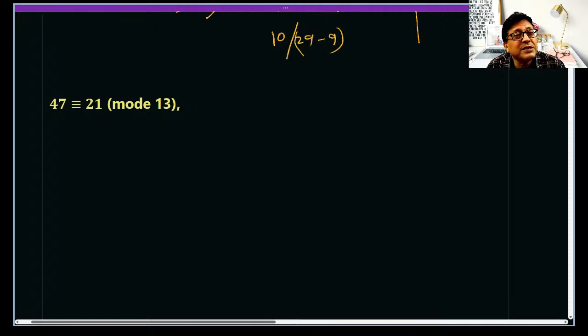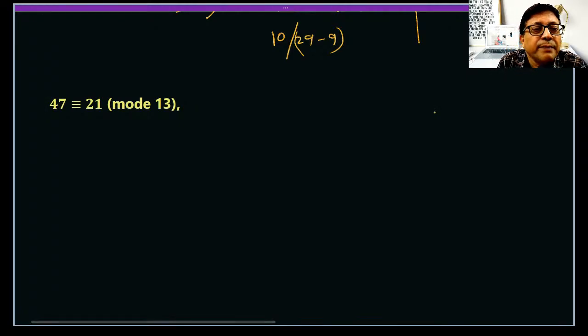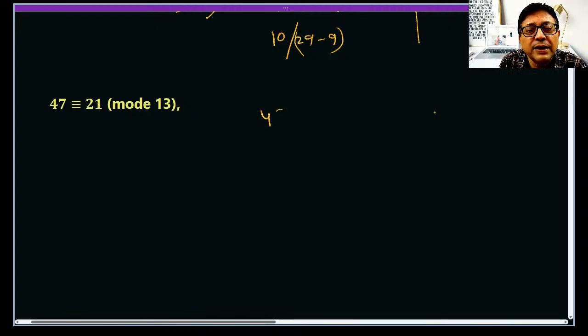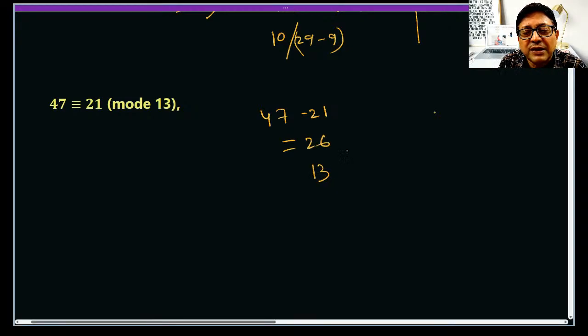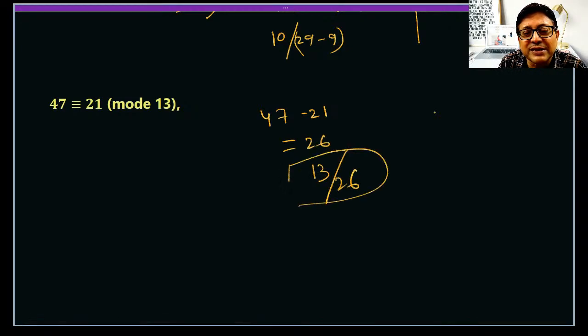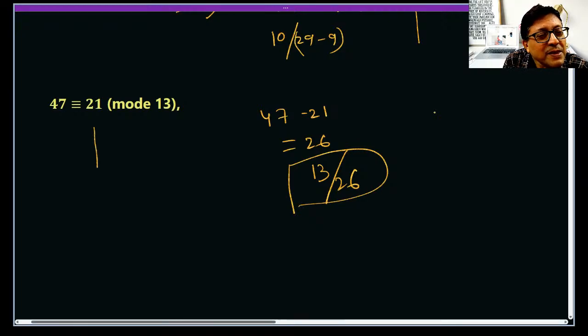Can we write 47 congruent with 21 mod 13? Yes, because 47 minus 21 is 26, and 13 divides 26. So this is correct.